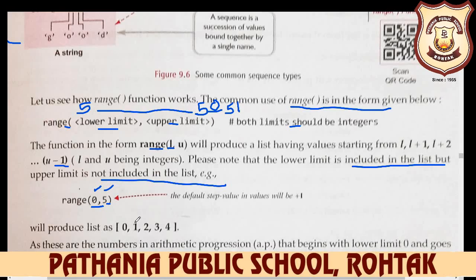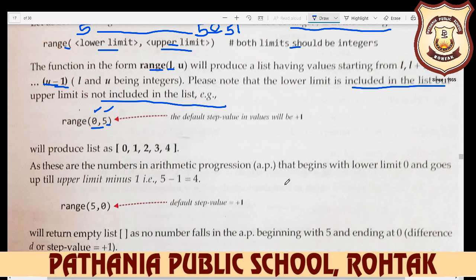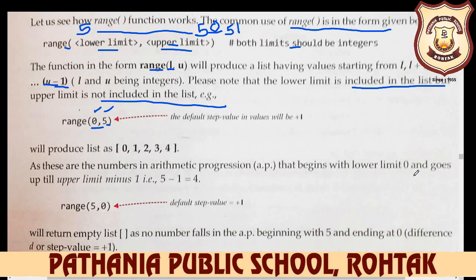These are numbers in an arithmetic expression, very important, so listen carefully and learn this point, and we will do the practical in the next video in the looping statement. It begins with lower limit 0 and goes up till upper limit minus 1. So if the maximum is 5, then 5 minus 1 is equal to 4.